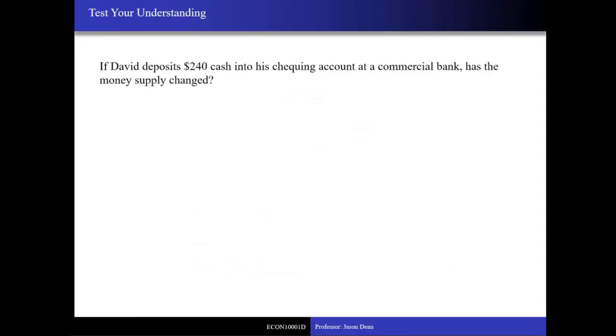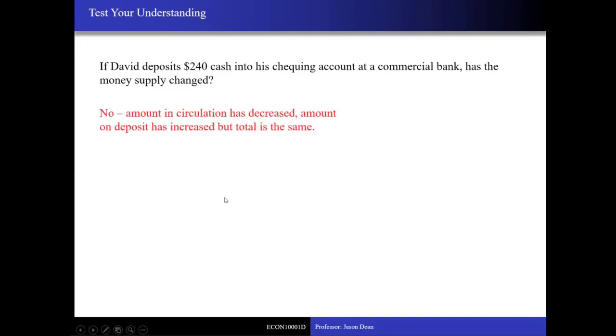So let's see if you were paying attention. If David deposits $240 cash into his checking account at a commercial bank, has the money supply changed? Anyone want to? Okay, so someone says no. So let's think about why the answer would be no. When David has the money in his pocket, it's part of the money supply, right? As currency. When it's deposited into his checking account, instead of being currency in circulation, it's now a demand deposit.